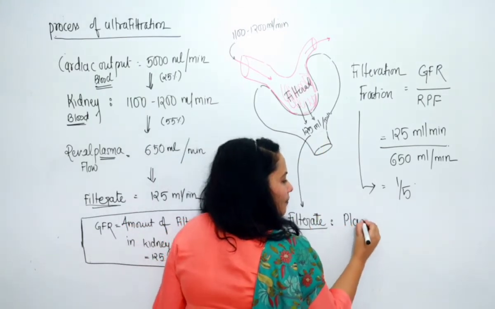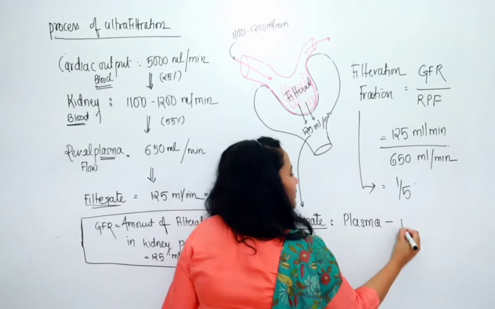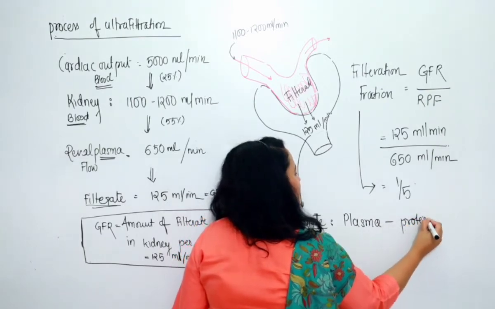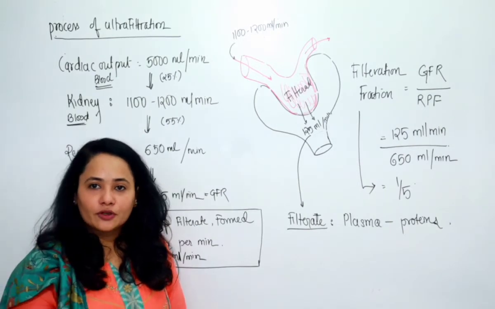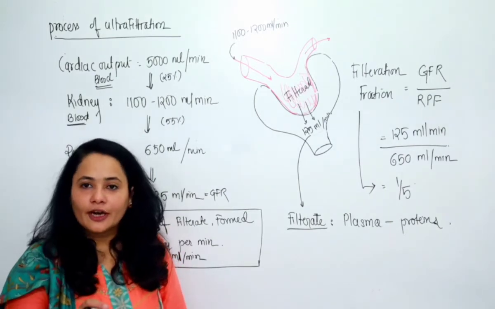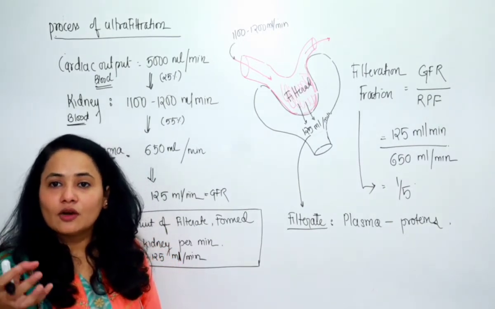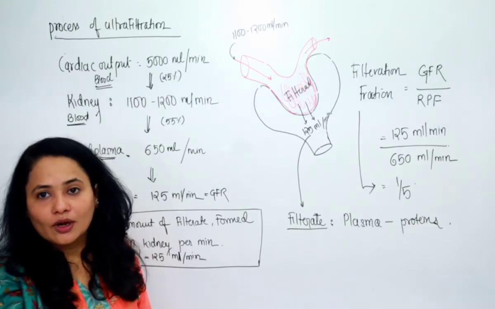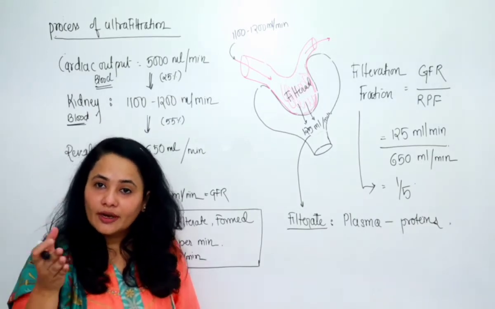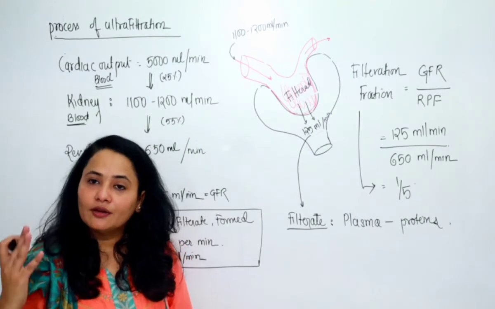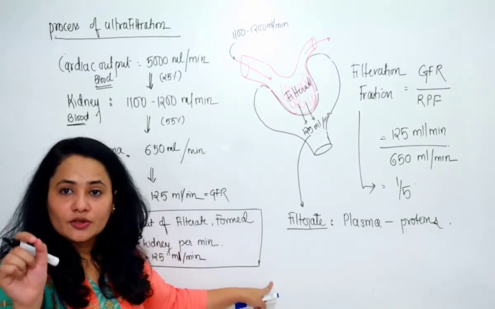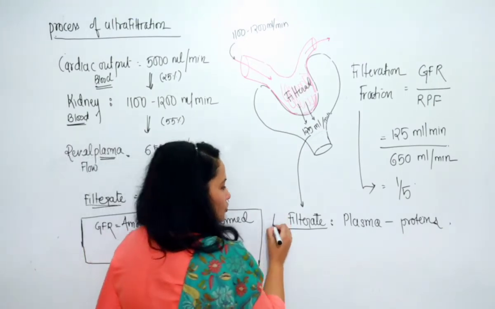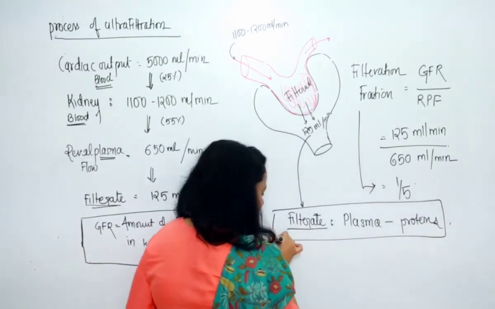Filtrate is plasma minus proteins. So large size proteins are not filtered. So the waste that comes out of the blood, what will it be made of? It will be like plasma, except it is leaving the proteins again in the blood only. So it is composed of plasma minus proteins. Remember this, it is important. So this is about the filtrate.